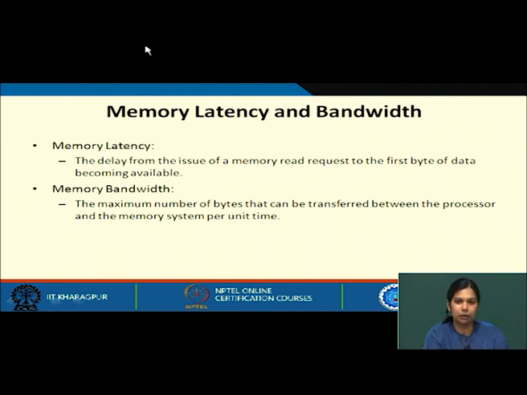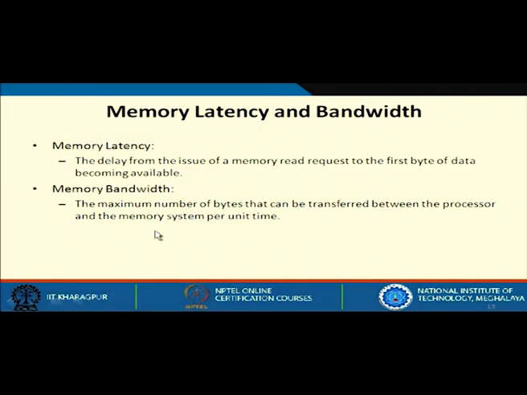We already discussed memory latency and bandwidth. So, we will take a small example to explain this. What is latency? Latency is the delay from the issue of the memory read request to the first byte of data becoming available. So, it is the time required to access the first data, and then consecutive data can be accessed in a much quicker time.